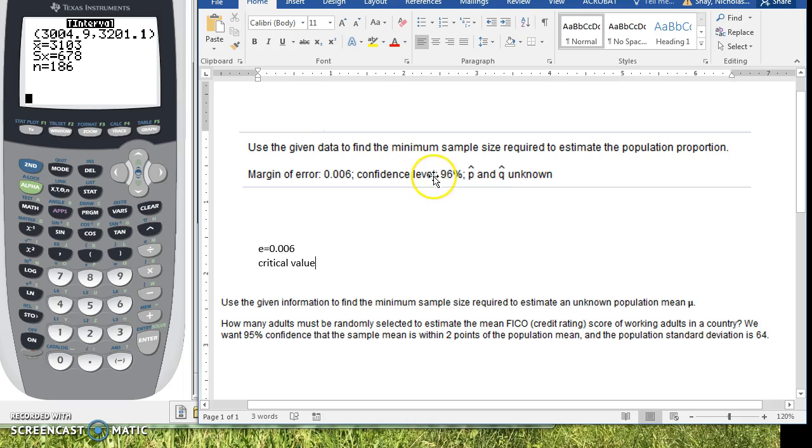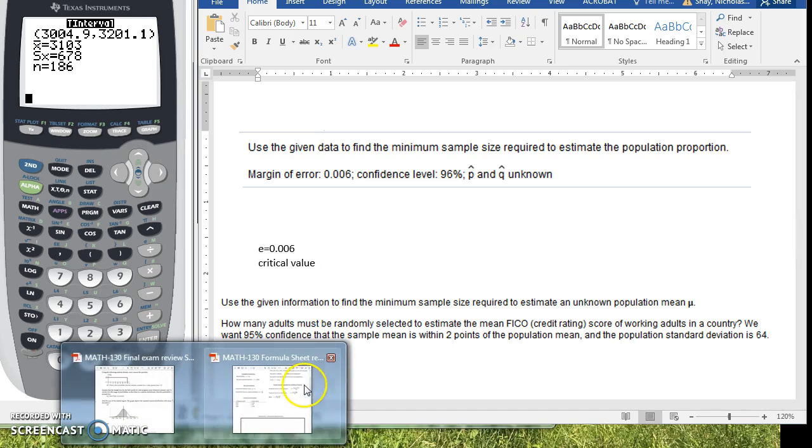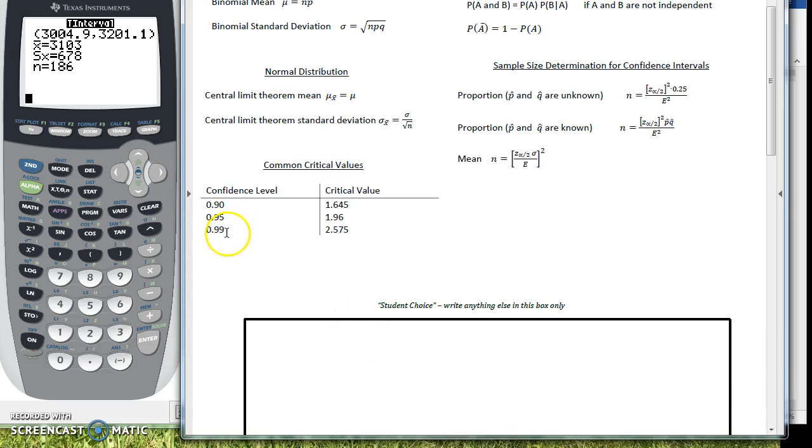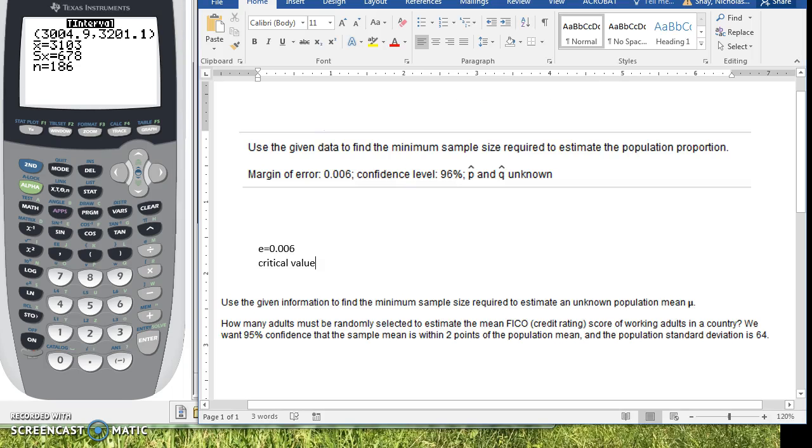Well, if we are using a confidence level of 96%, that's a problem because we only have 90, 95, and 99. So it's going to be harder for us to find that value. I think I'm actually going to give credit for this problem because we don't have that value. But let's look at the other ones.